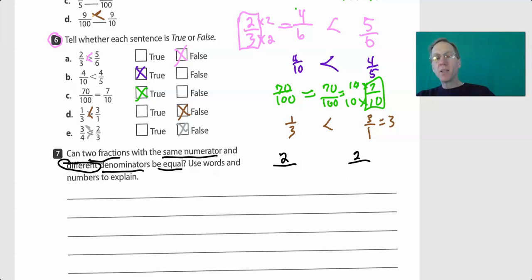The numerator has to be the same, so what if this is 10 and we'll just say this is 5? 2 slices, but again, if the denominators are different, that means the size of the pizza slice is different. So the answer is no.